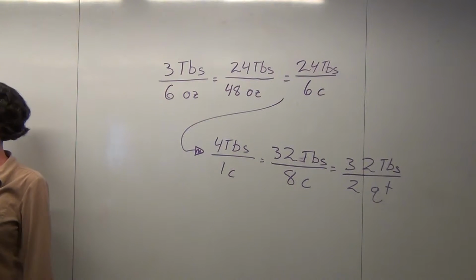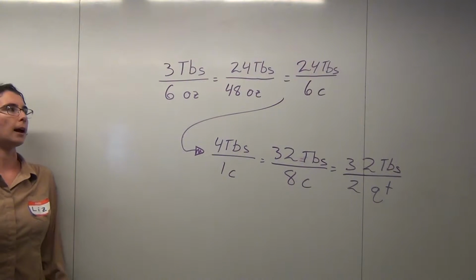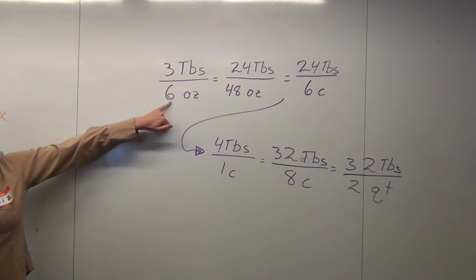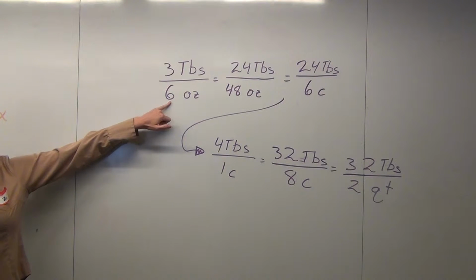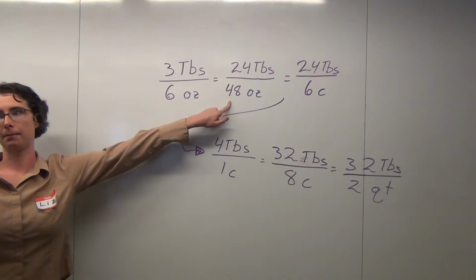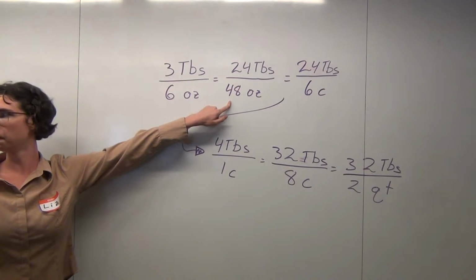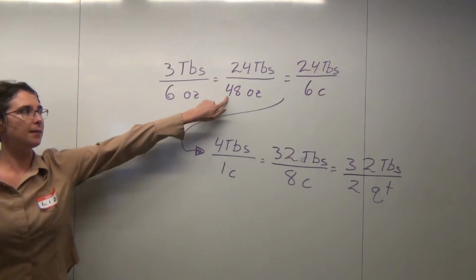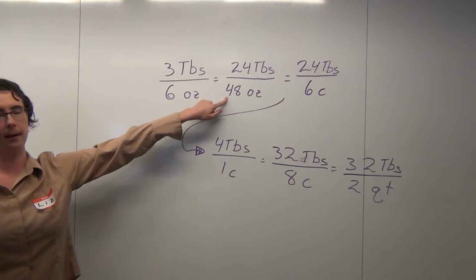So I skipped pints apparently completely. That's okay. So I'm like, I need to get to some factor or some multiple of 8. So I went to 48 because I completely forgot that 24 existed.